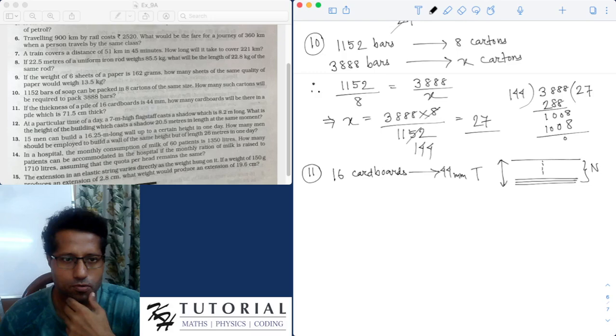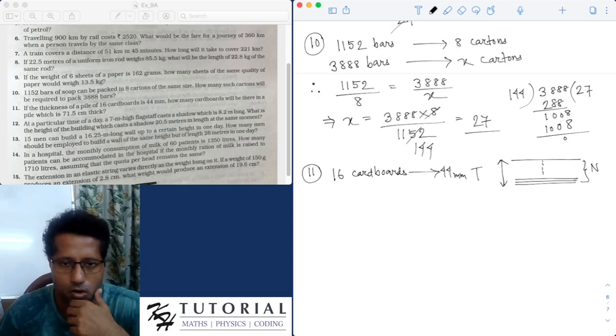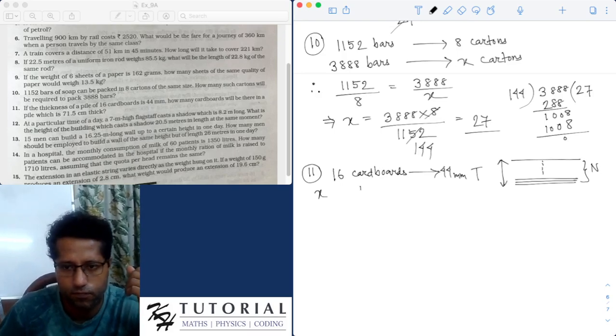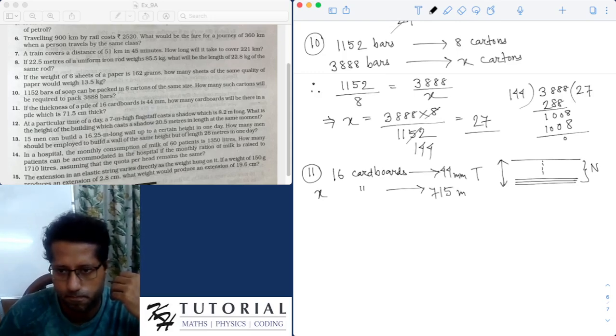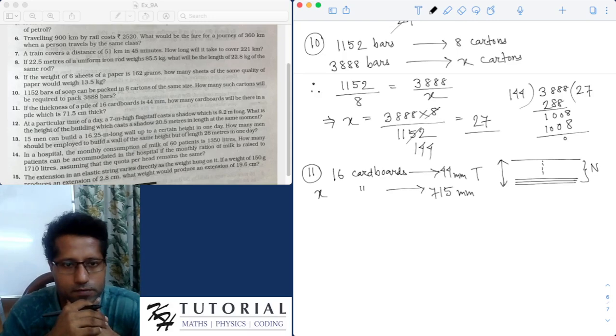It is asking how many cardboards will be there in a pile which is 71.5 centimeter thick. Let's say X cardboards have thickness 71.5 centimeter. We have to convert this into millimeter. If I am not wrong, 1 centimeter equals 10 millimeter, so 71.5 centimeter is 715 millimeter.